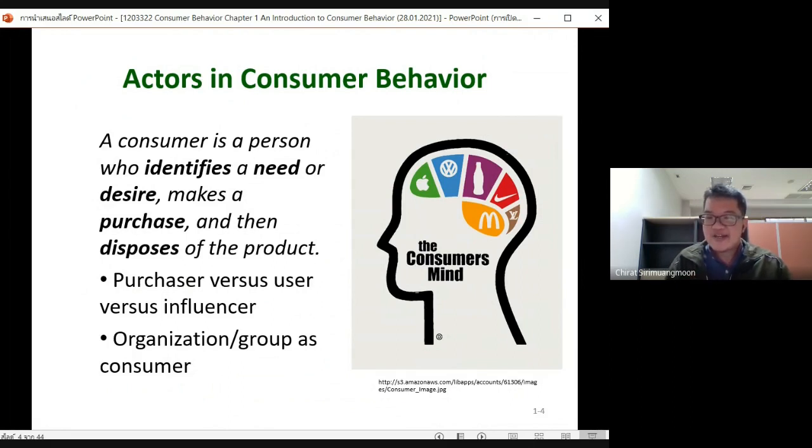And not all the time do you buy something for yourself, right? You buy something for other people too. You buy something for your parents, for example. So you must think that purchaser and user are not the same person, and they have different meanings as well.